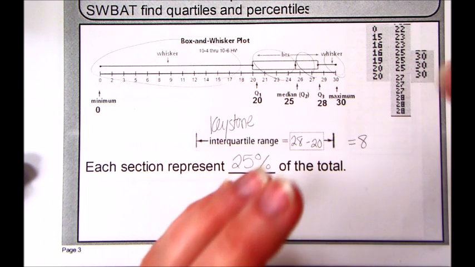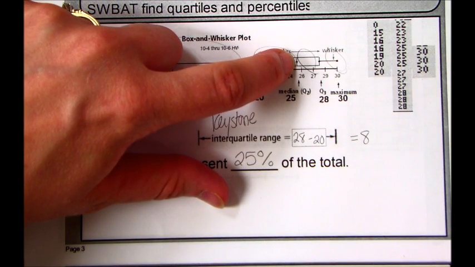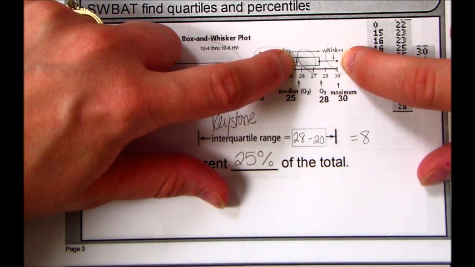That means any 2 sections represents 50%. So if I ask for the top 50% of people, that would be from here, the middle, all the way to the tippy top.